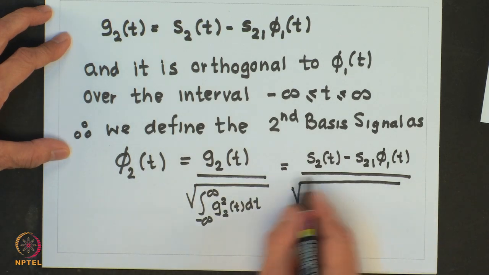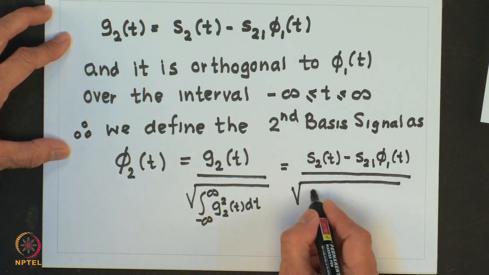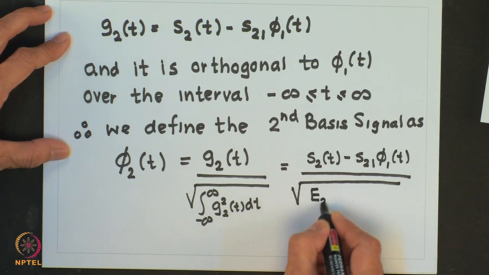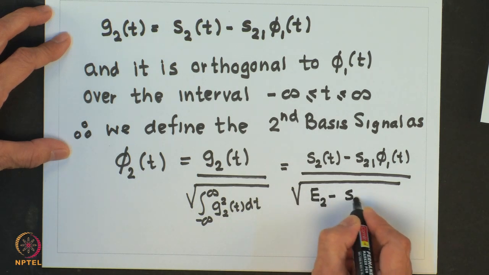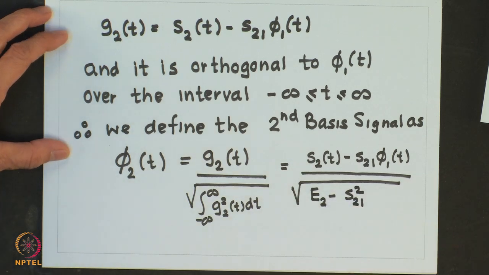We have seen this earlier that this quantity would be equal to E2 minus s21 squared.